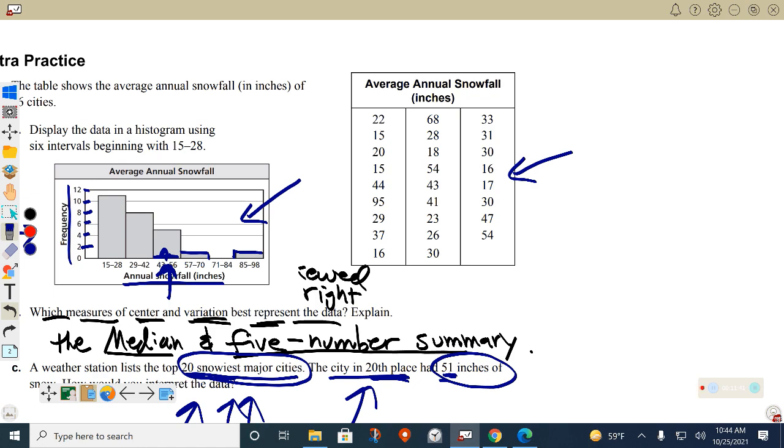So remember, this was, let's see, 1, 2, 3, 4, 5, 6, 7, 8, 9, 18, 19, 20, 21, 22, 23, 24, 25. So out of these 26 cities that we made a histogram for, most cities were not on here. Most cities were not listed.